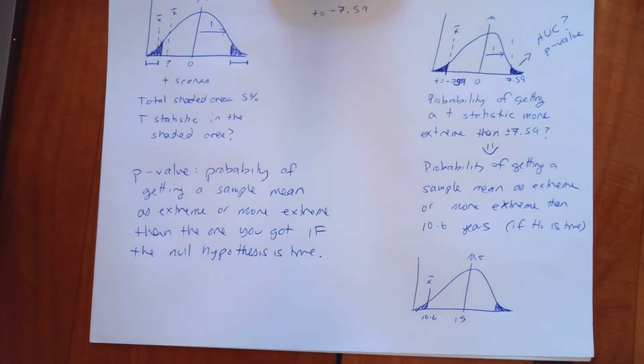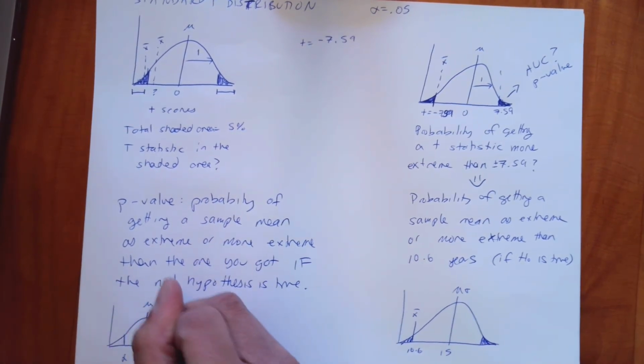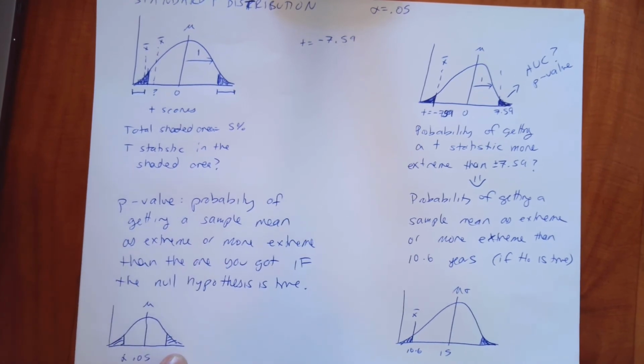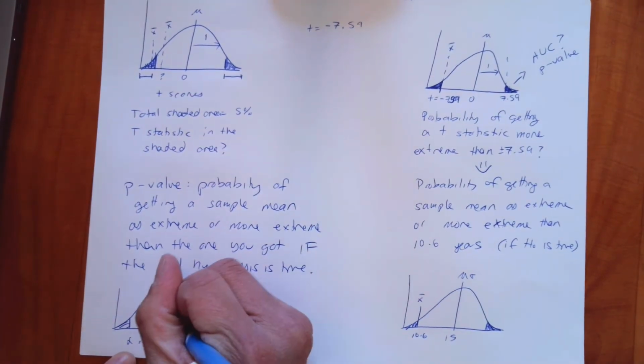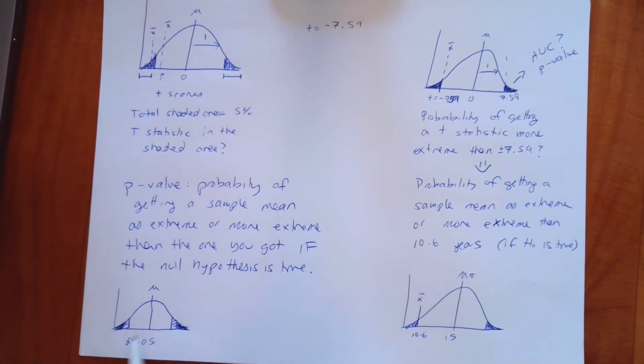The final piece to the puzzle is that if the probability we come up with for our p-value is smaller than our alpha level, we're going to reject the null hypothesis. The idea here being that if our alpha level is 0.05 and we have our 5% of least likely values here, if our p-value is smaller, it means that our probability is all contained within the values shaded off by the alpha level.